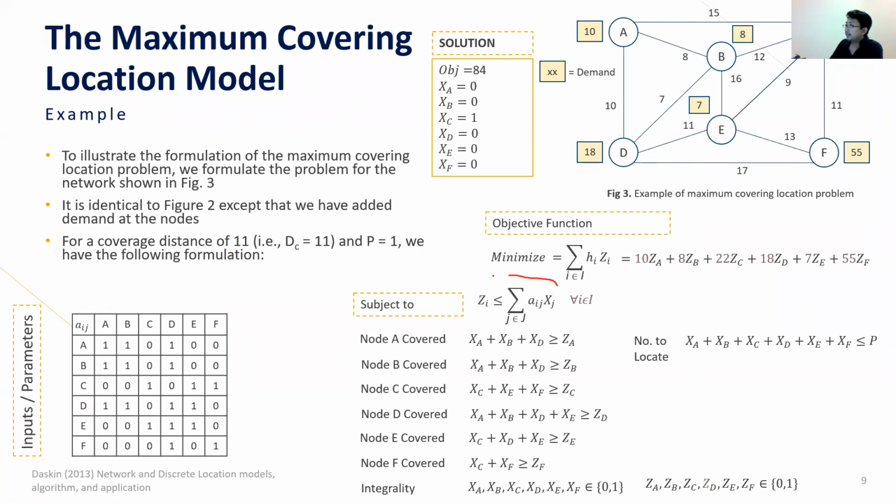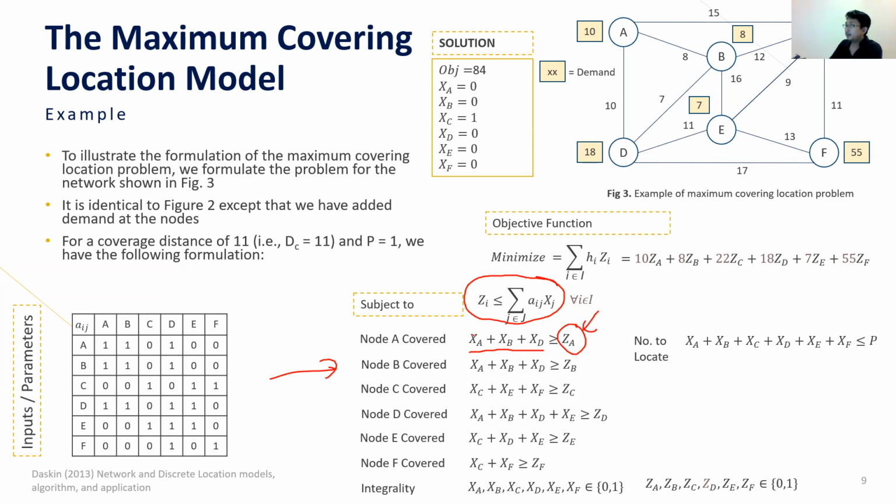And for this constraint, we can break it down the same way that we broke down the constraint in the set covering problem: xa plus xb plus xd. But here, instead of 1 or 0, we put za.